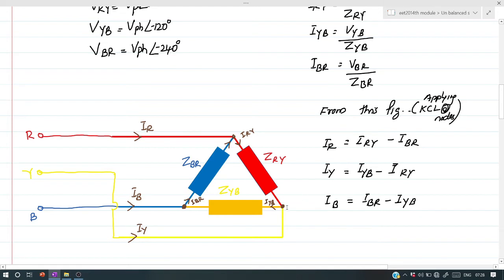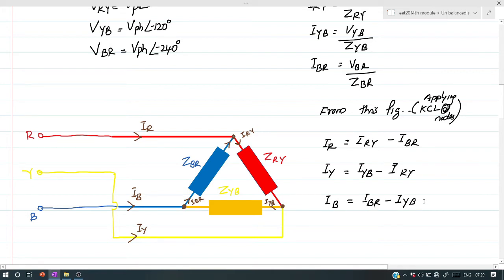Similarly, applying KCL at this node, IY plus IRY is equal to IYB, or IY is equal to IYB minus IRY. And finally, applying KCL at this node, IB plus IYB is equal to IBR, or IB is equal to IBR minus IYB.